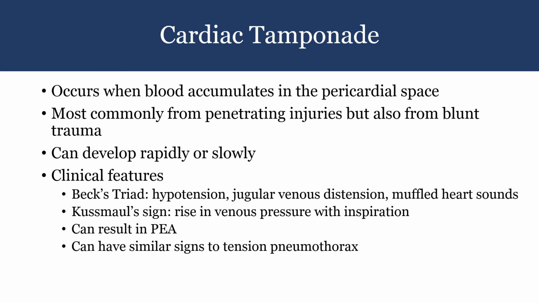You can hardly hear the normal heart sounds, you just hear muffled heart sounds. And you can also have a positive Kussmaul sign, indicating a rise in the venous pressure with inspiration. And most of the other signs are similar to the signs of tension pneumothorax.